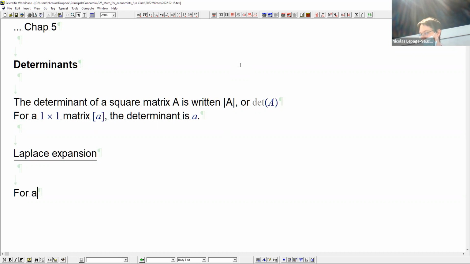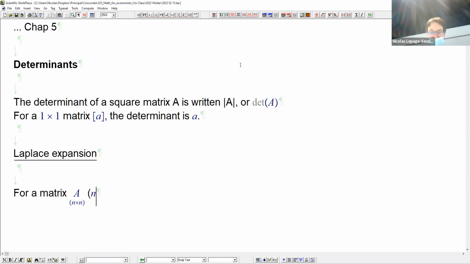So for a matrix, let's have an n by n. Sometimes I've been lazy and not adding parentheses, but in the book they have parentheses.